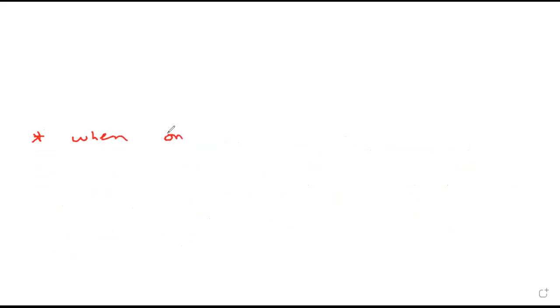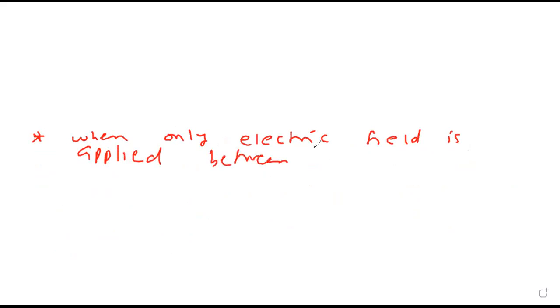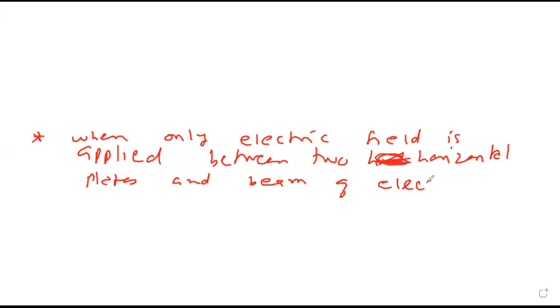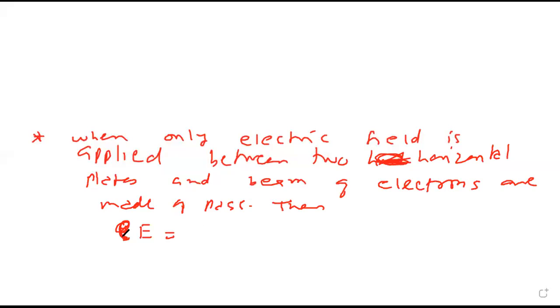When only electric field is applied between two horizontal plates and a beam of electrons is made to pass, then electric force qE, now if the charge is electron we'll write eE, equals mv square upon r.